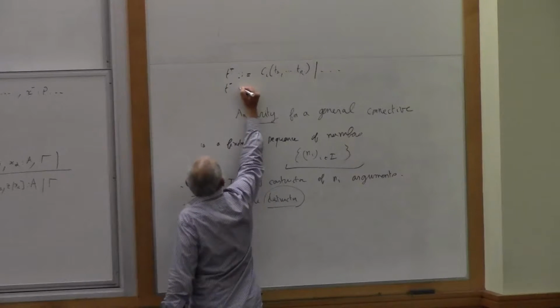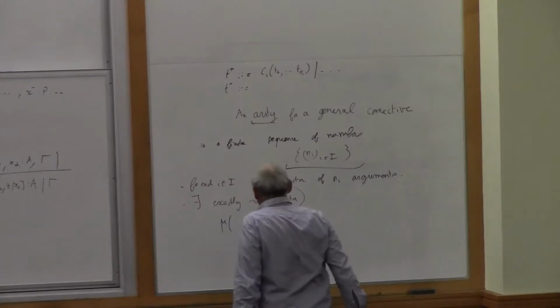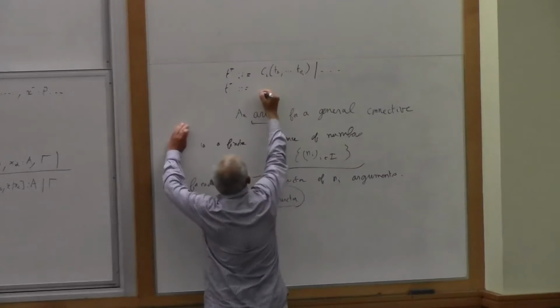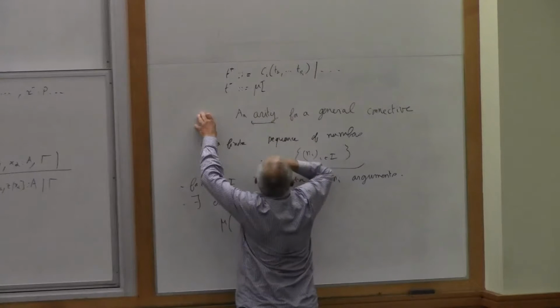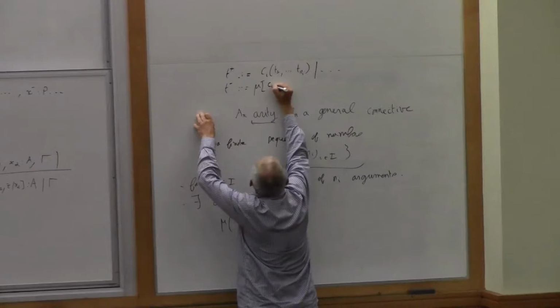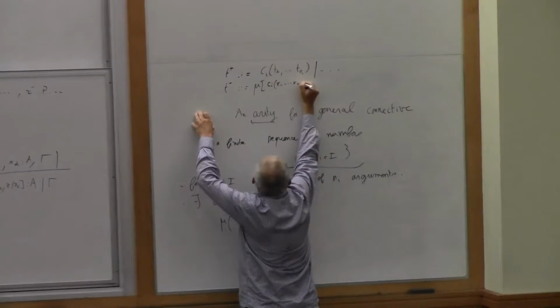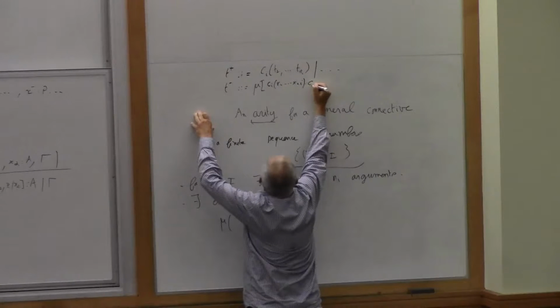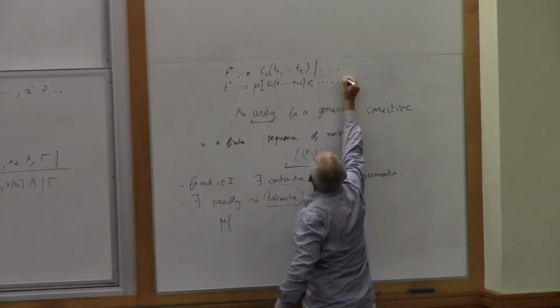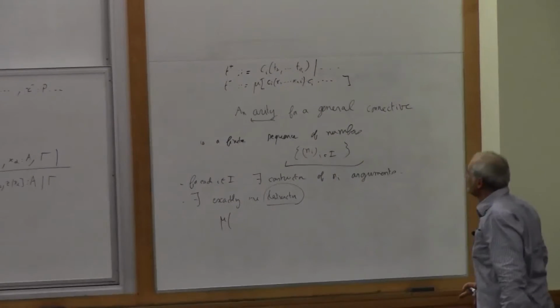And in the negative terms, you will have this unique mu, which has this form Ci of x1 xni dot Ci, etc.